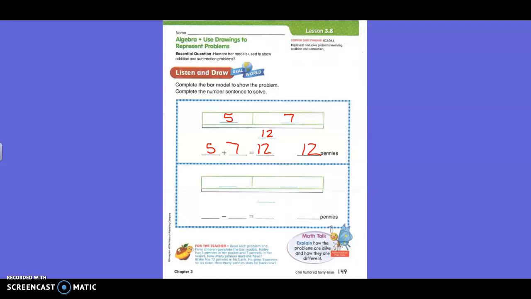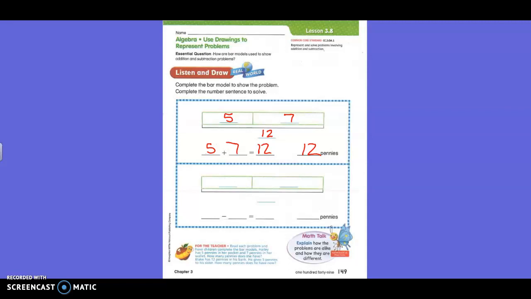Next problem. Blake has 12 pennies in his bank. He gives 5 pennies to his sister. How many pennies does he have now? Okay, if he gives 5 pennies away, is that taking away pennies? Yeah. And when you take away something, what kind of problem is that, Isaac?